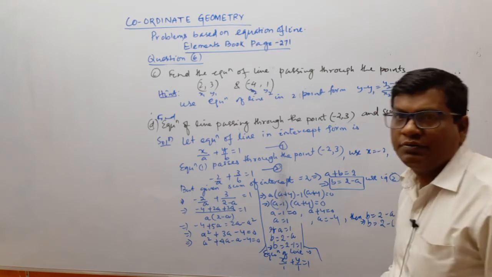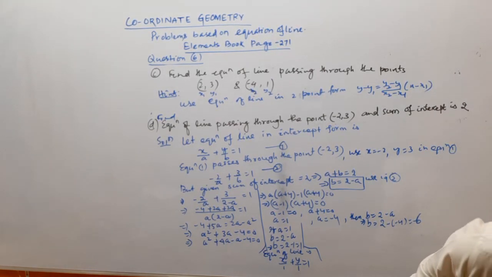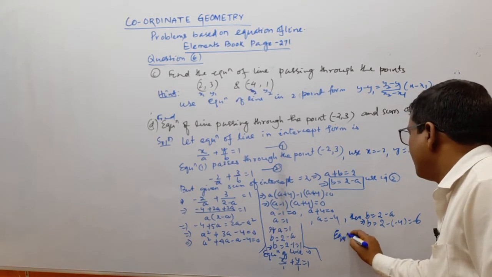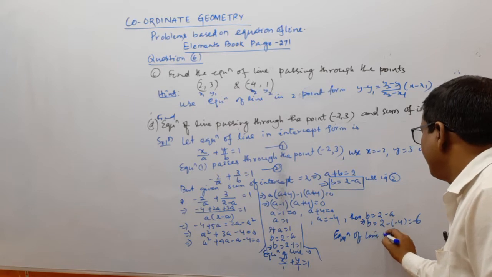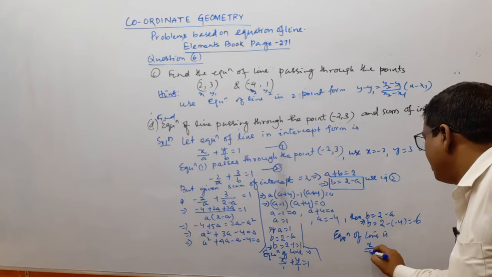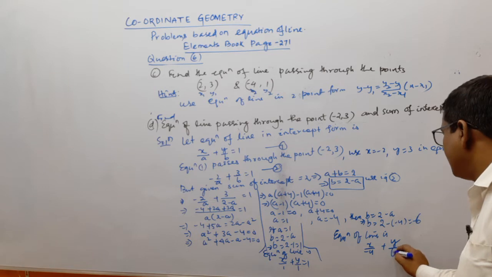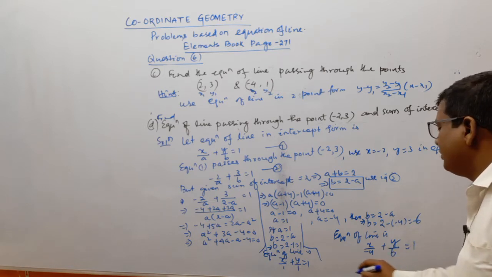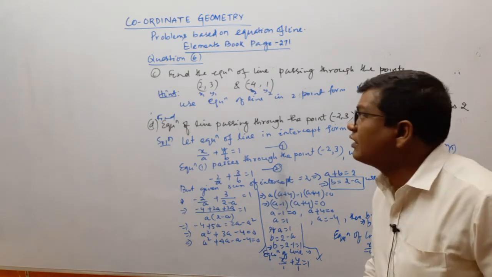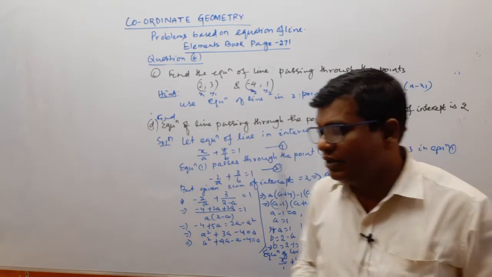So equation of line is x by minus 4 plus y by 6 is equal to 1. These are the two answers. This is the solution of question number 6. Now another question.